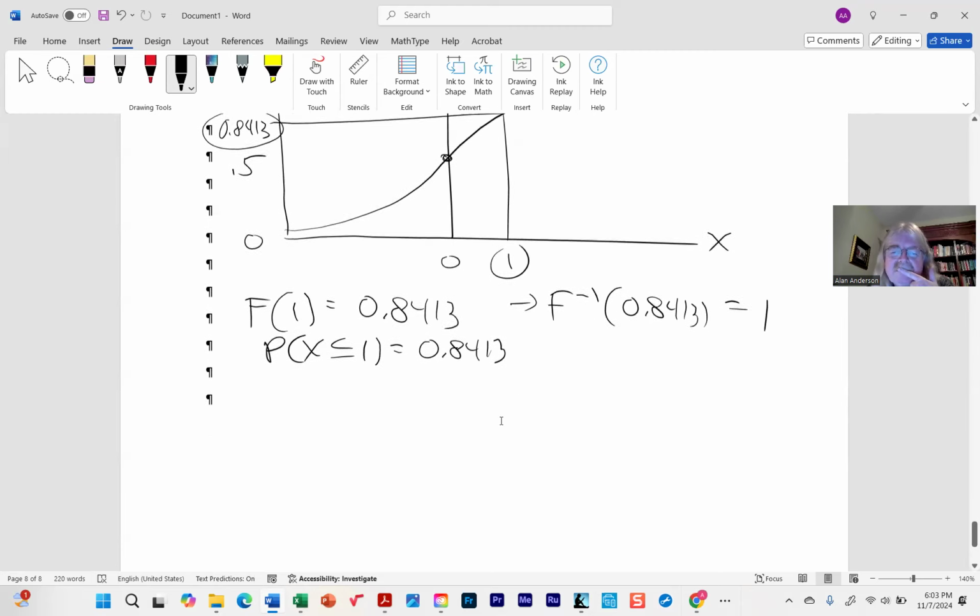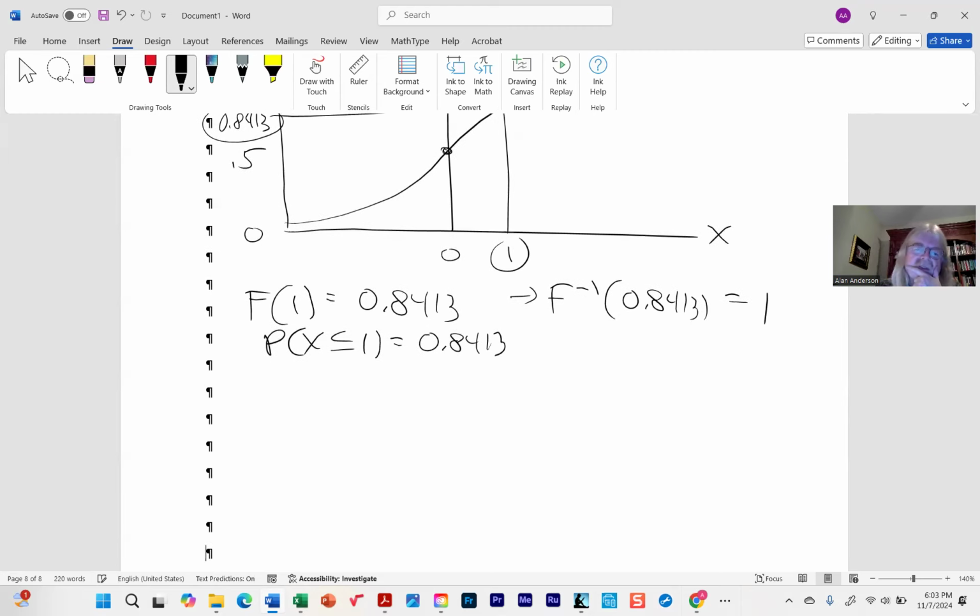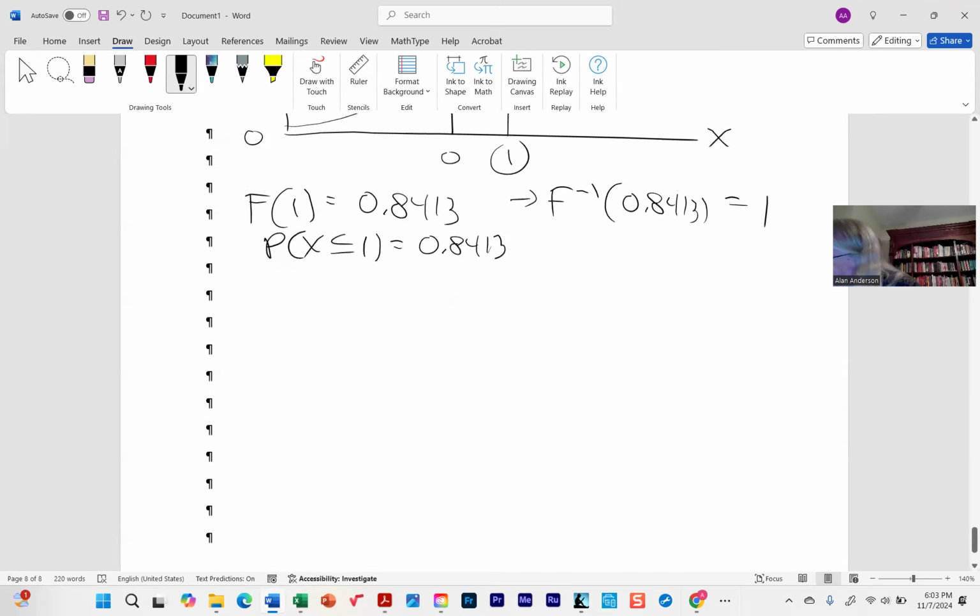So here's what we're going to do with our Monte Carlo simulation. I'm going to try to draw this properly.